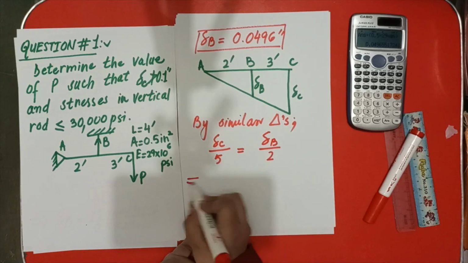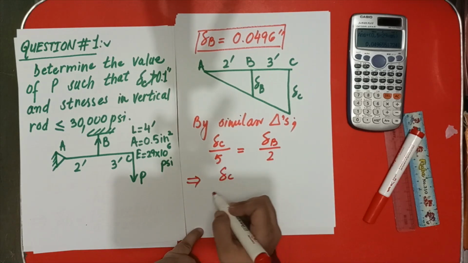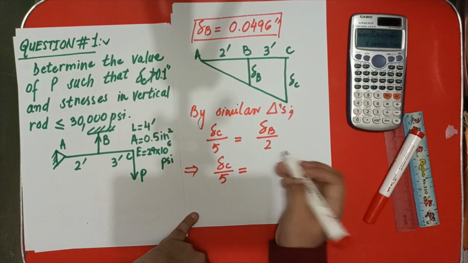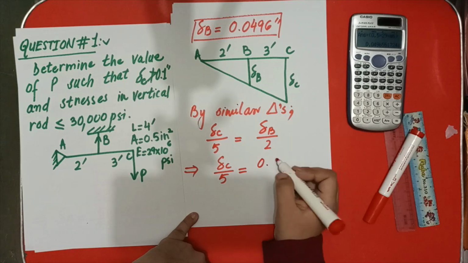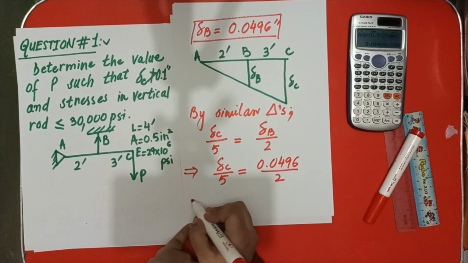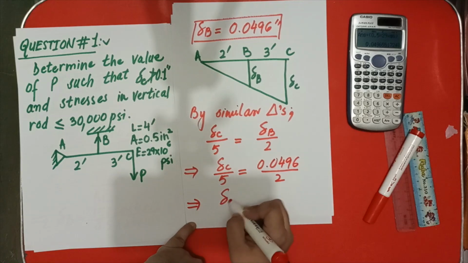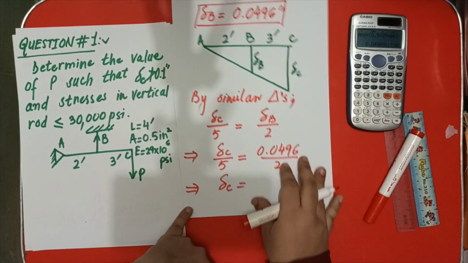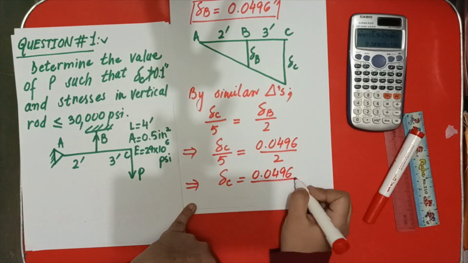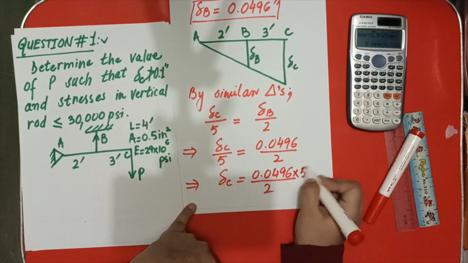So I will put the value of ΔB over here. ΔC upon 5 is equal to 0.0496 divided by 2. So ΔC is equal to 0.0496 divided by 2 multiplied by 5.